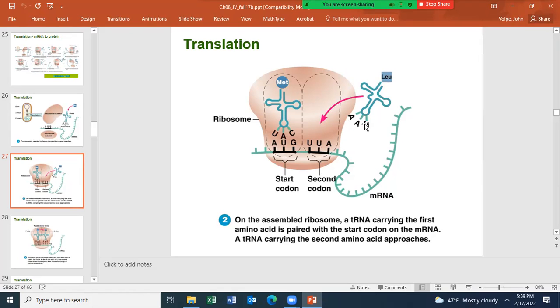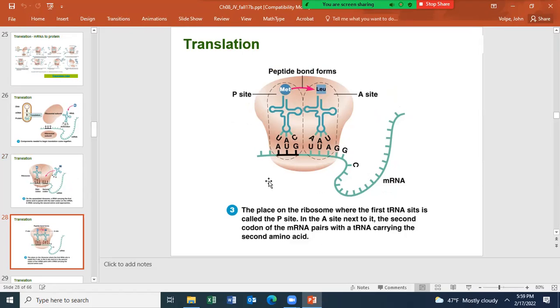When that tRNA brings in this second amino acid, the ribosome then removes the methionine from the earlier tRNA and covalently links it with a peptide bond to the amino acid on the second tRNA.